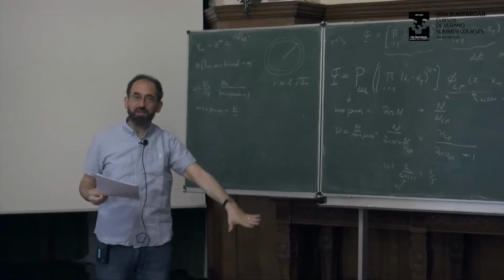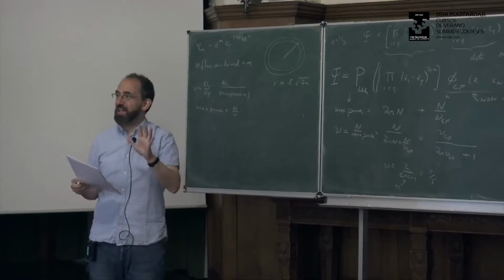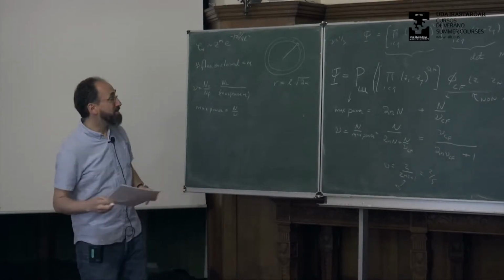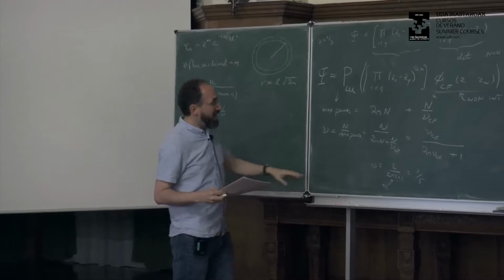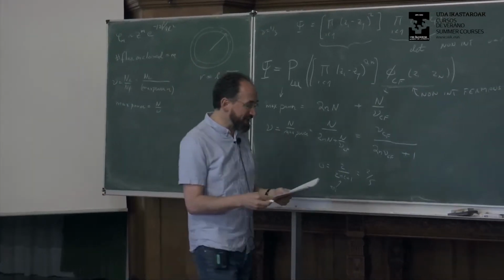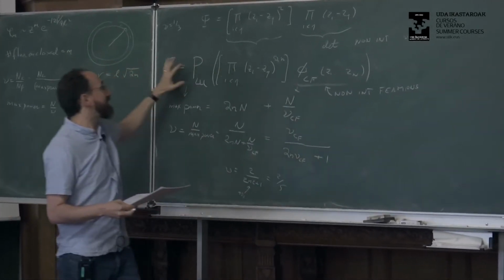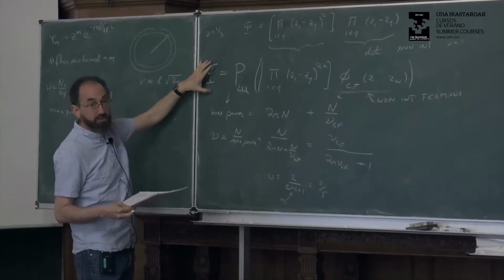Just projects it down to the lowest Landau level. Now, it's very hard to say analytically what that does, but nonetheless, that's what one does. And it generates a whole series of fractions, making a connection between the integer quantum Hall effect over here and fractional quantum Hall effect trial wave functions over here.